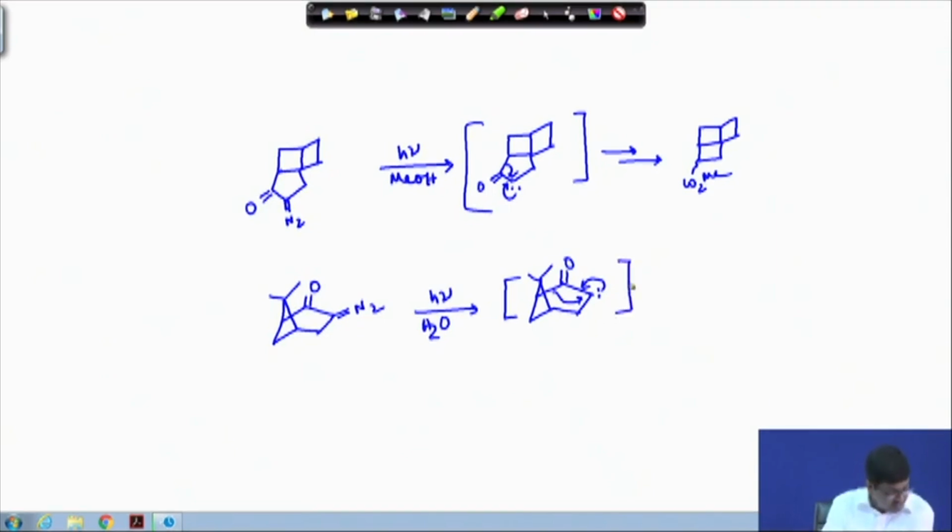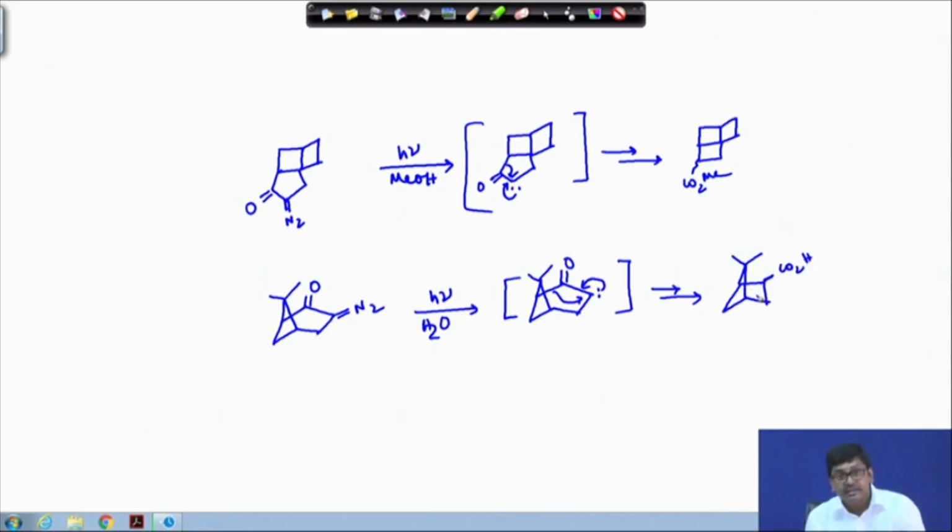After that, the nucleophilic attack of water on the ketene moiety will give the 5 member ring from here, and overall the product will be this.